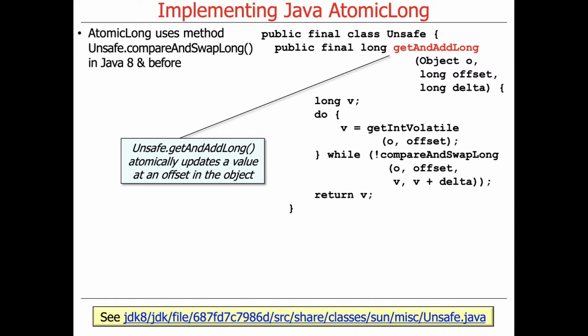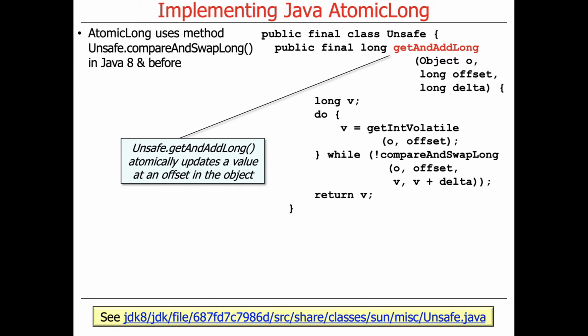So we pass in some Java object, we pass in the offset in that object we want to be updated, and we give the value to update it with. So this is going to atomically update that value by taking its current value and adding the delta value to it. So we're basically going to atomically update and add to that value at that object at that offset.